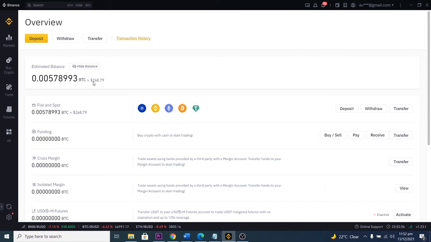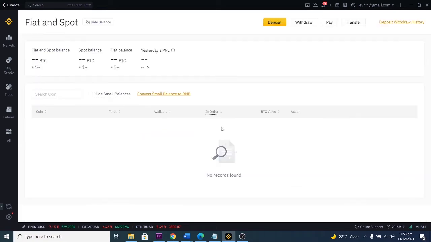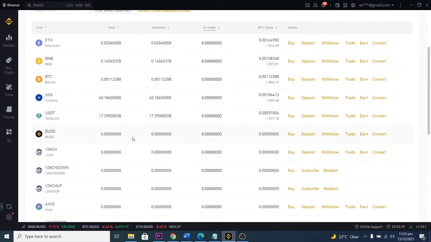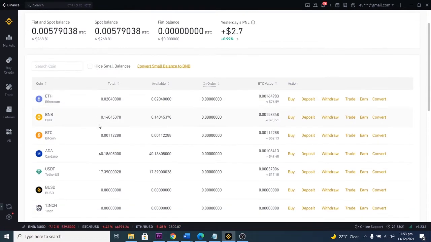So this is my balance now, 268 in my fiat and spot. So this is my $268 in my fiat and spot, so it's actually there. Now if I want to trade, if I click on my fiat and spot, I can see the breakdown of my portfolio.